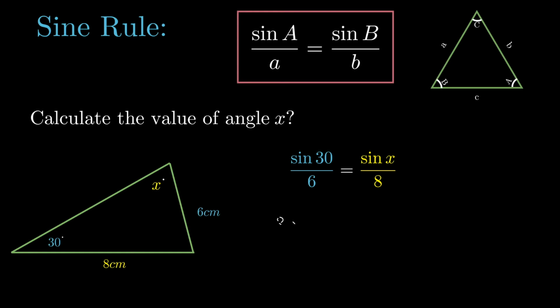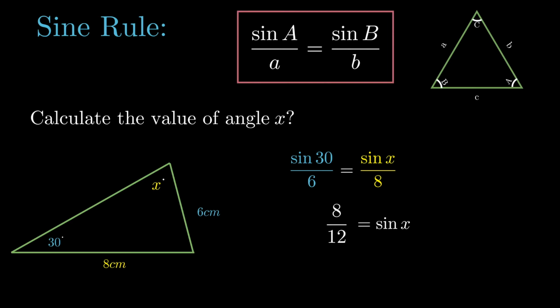So on the left side we get 8 times sine 30 over 6 is equal to sine x. Now in your calculator, when we calculate the left side, 8 times sine 30 over 6, the answer that we get is 8 over 12, and this is equal to sine x.